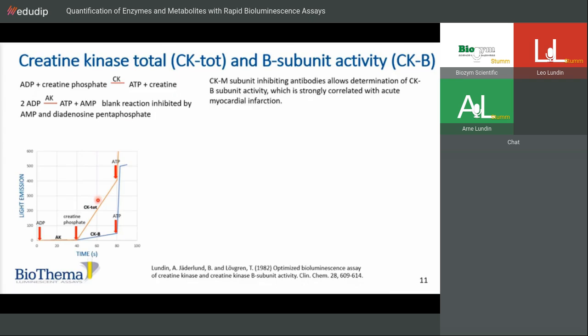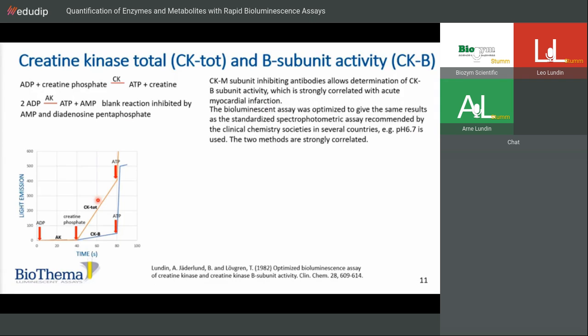The CKM subunit inhibiting antibodies allows determination of CKB subunit activity specifically. And this activity is strongly correlated with acute myocardial infarction.